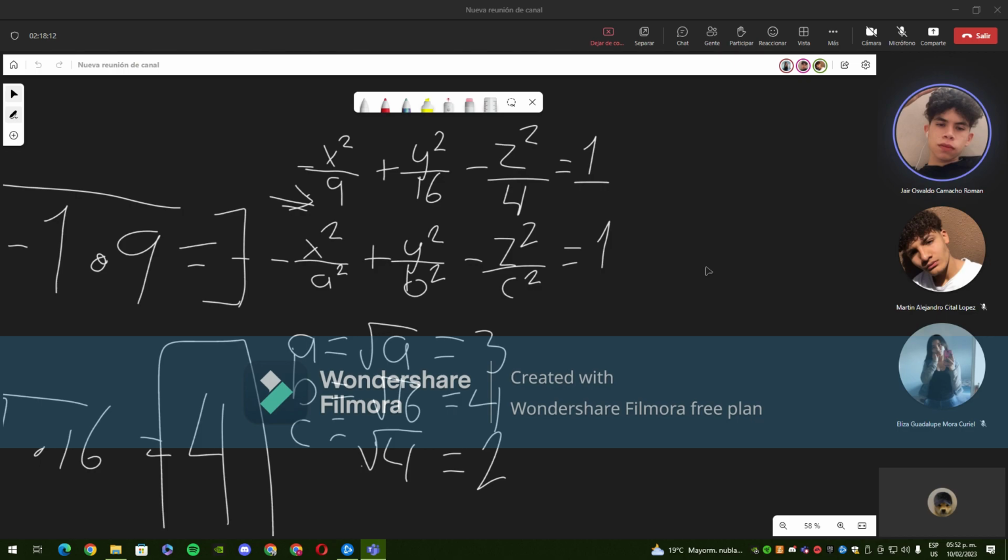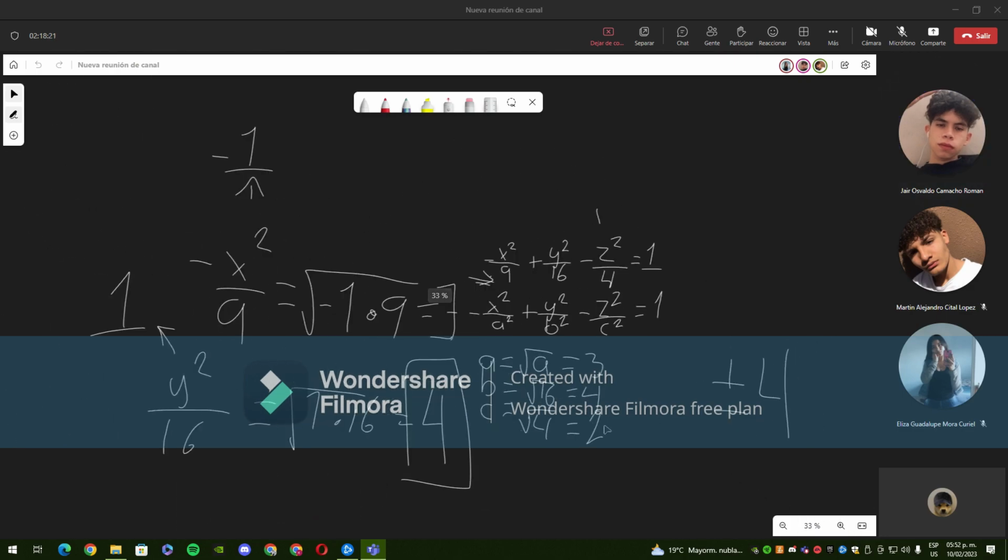The 4 can be positive or negative in the graphic. In the case of the axis z, it is the same procedure as x, because it is a negative variable, so the result is 0.